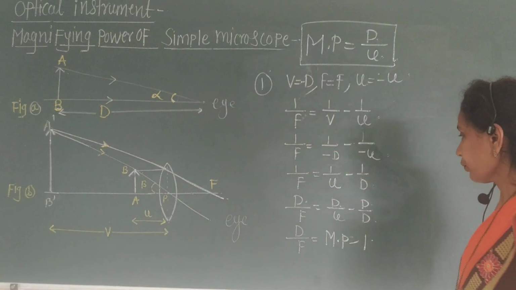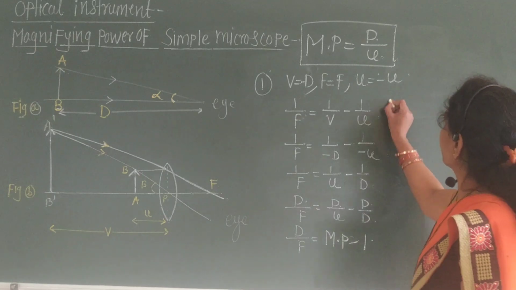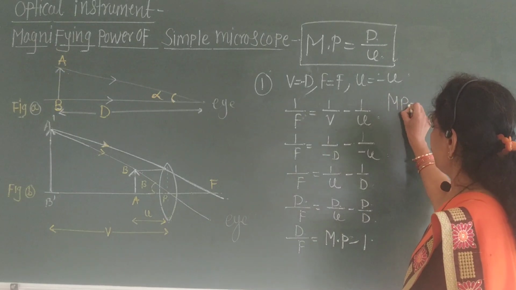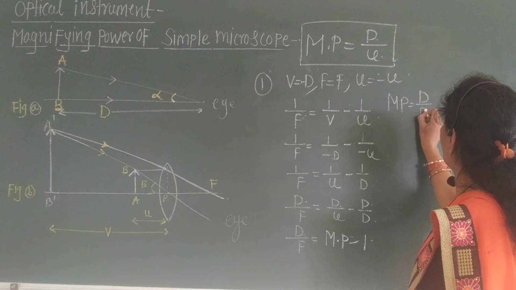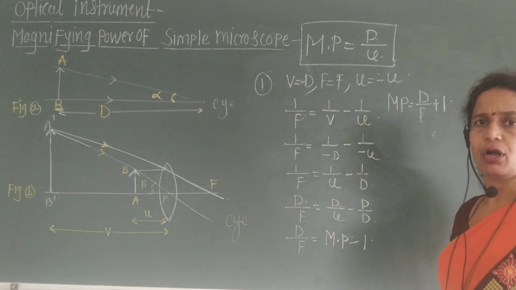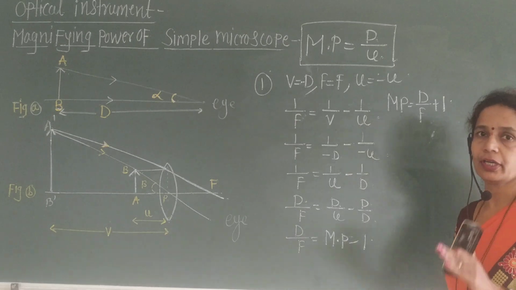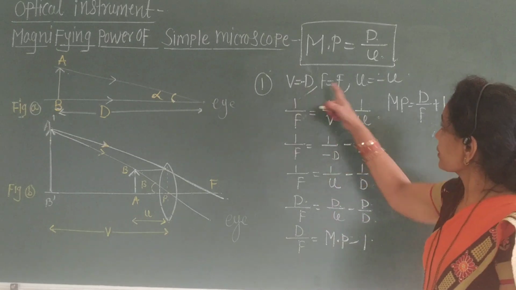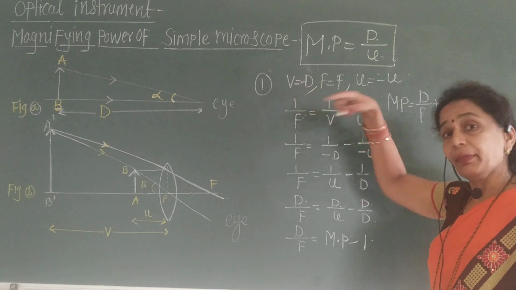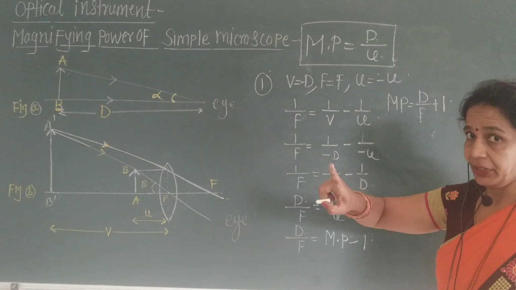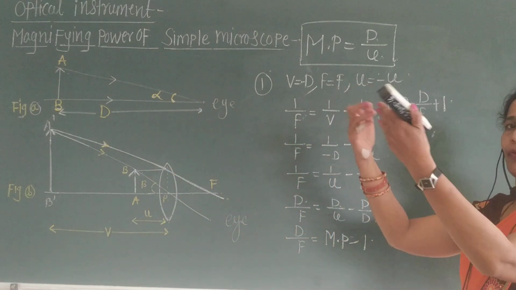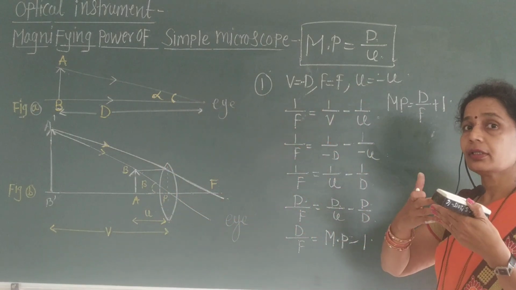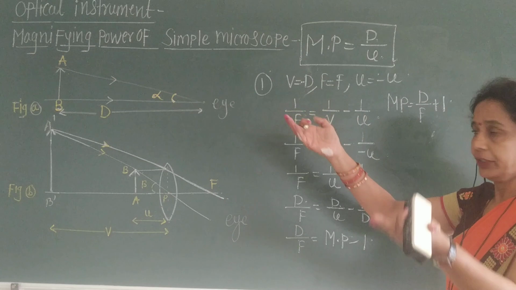Then what is MP? In that case, MP is equal to D upon F plus 1, or 1 plus D upon F. Okay. That is, in the first case, when the image is formed at DDV, because if we change the object distance, the image can be formed in between the DDV to the infinity.